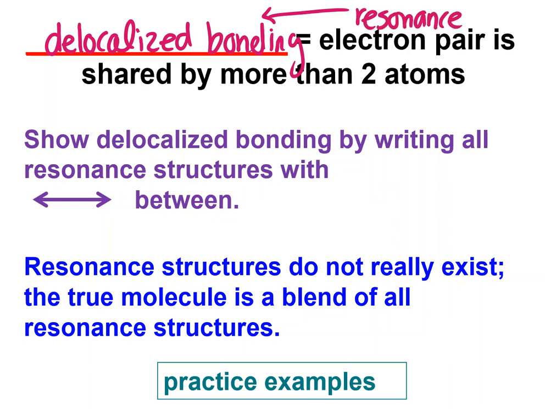What's really happening is that you have electrons that are being shared by more than two atoms, so they're delocalized over the molecule. They're not stuck between two atoms. Whenever you have delocalized bonding, you're going to draw all the possibilities with the arrows in between, like we did for the O3. And again, the true molecule is a blend of all the ones that you draw. It's just the way we draw them.